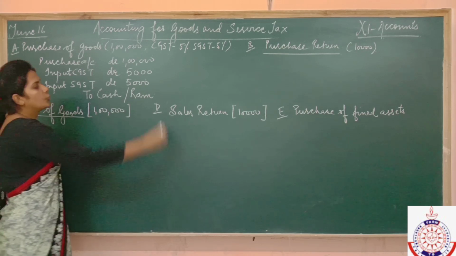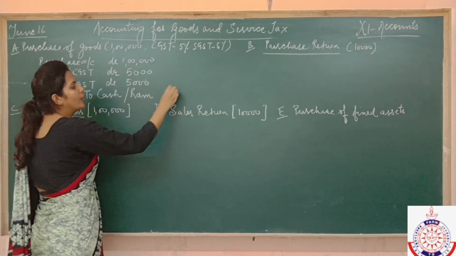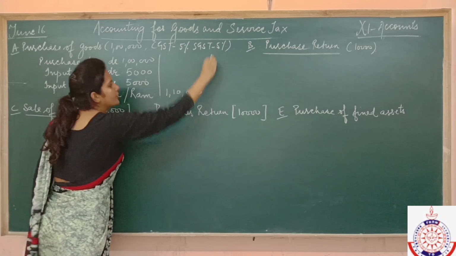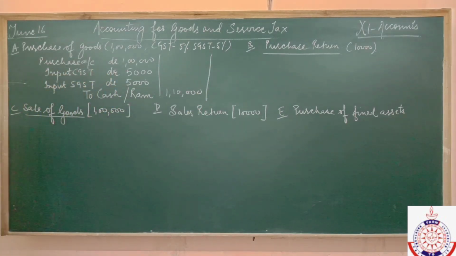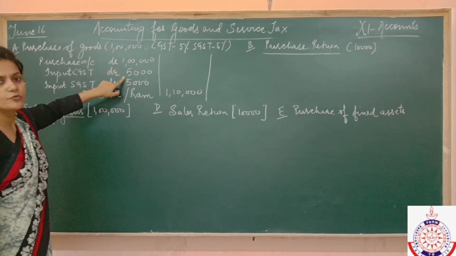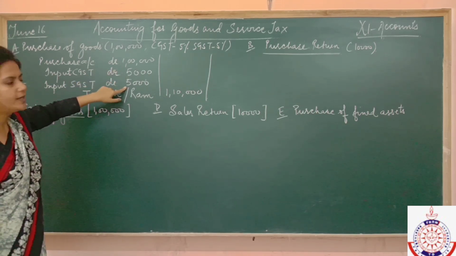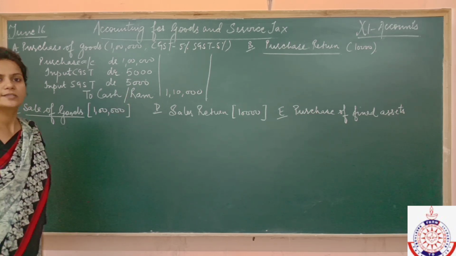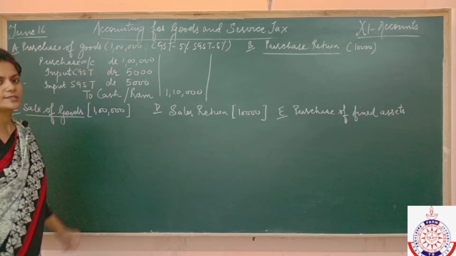Now see, the total value of the goods has become 1,10,000. 1 lakh is the value of the goods and 5,000 and 5,000 is the tax we have to pay. So it becomes 1,10,000. I hope this point is clear to all. This way we have to pass the entry.